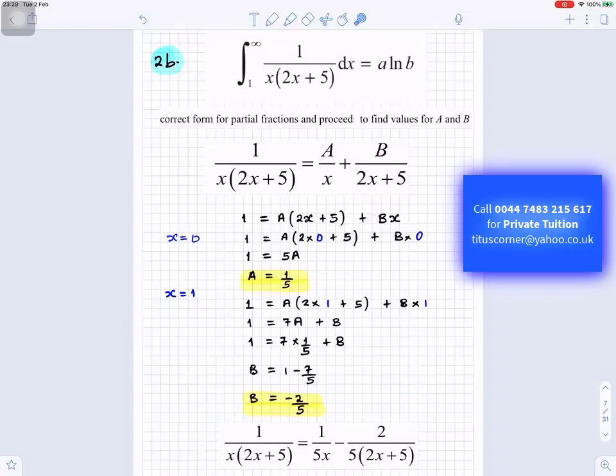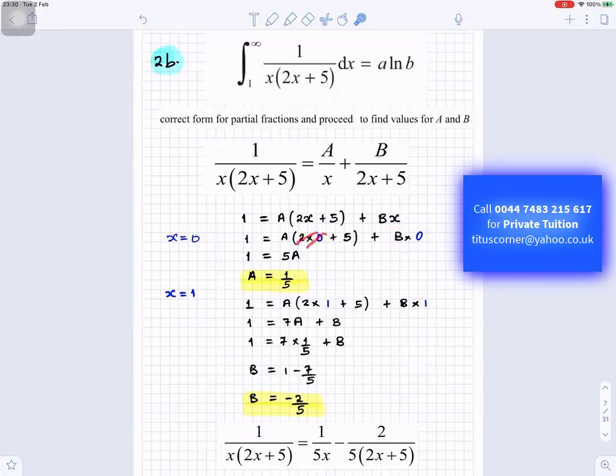Now we choose some numbers to substitute that would make one of them 0. So if we pick x to be 0, 1 will be equal to a bracket 2 times 0 plus 5 plus b times 0. The reason we picked 0 was because 0 times b would be 0. So you can now find a. Because b is now 0, you can find a. So a would be 1 over 5.